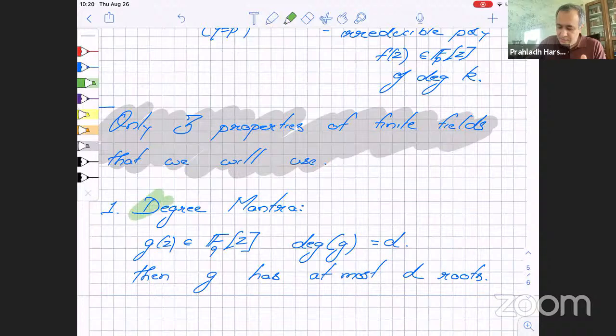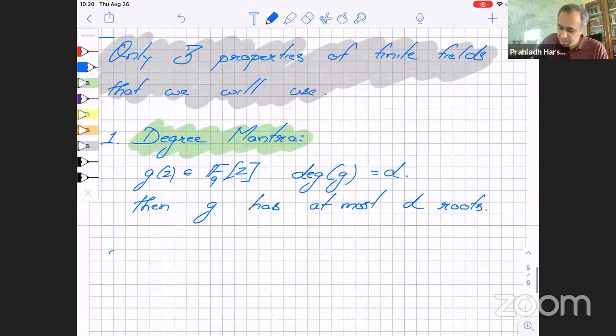By the way, all of these properties are true over the reals and complexes too; the corresponding versions are also true in finite fields, and this is all we'll be using. We'll see some instances of this later in today's lecture itself. That's the degree mantra, which we will use repeatedly during this course.